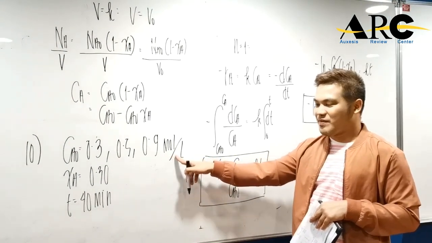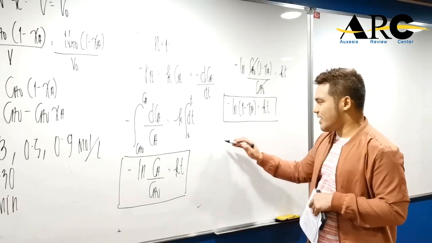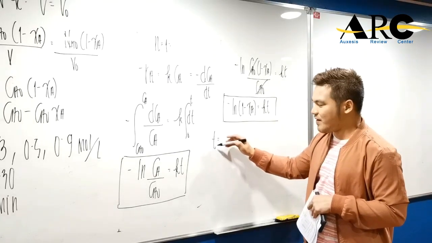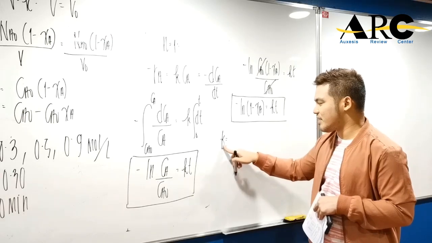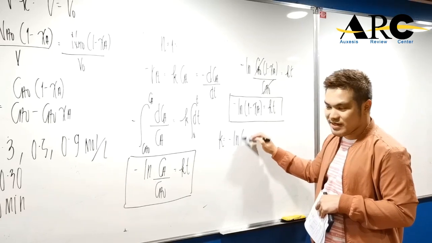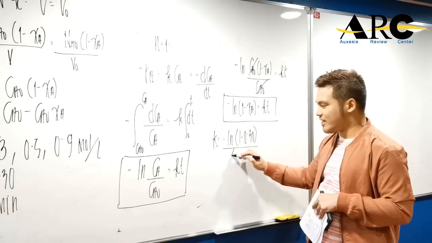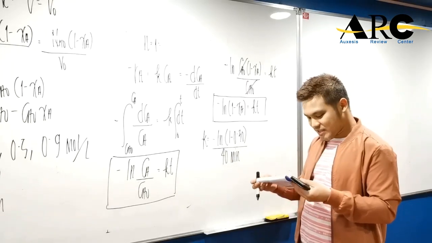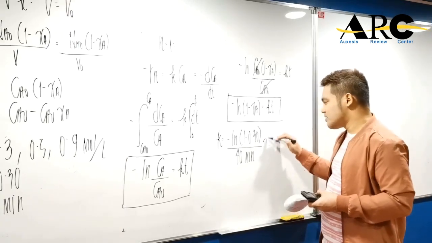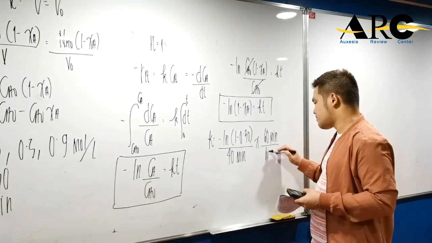Diba? Kahit ano yung value ng CAO, still 0.3 pa din. So, hinahanap dito is yung value ng K. Paano ba natin makukuha yung value ng K? So, we have negative ln of 1 minus 0.3. Ang given sa ating time is 40 minutes. Yung mga nasa choices is per hour, so you have 60 minutes per hour.